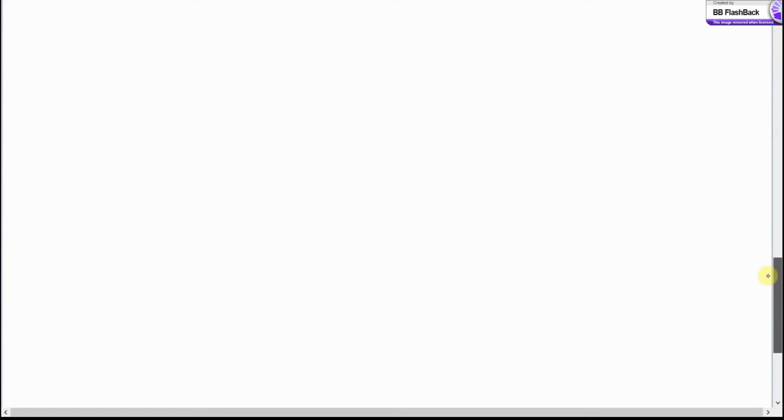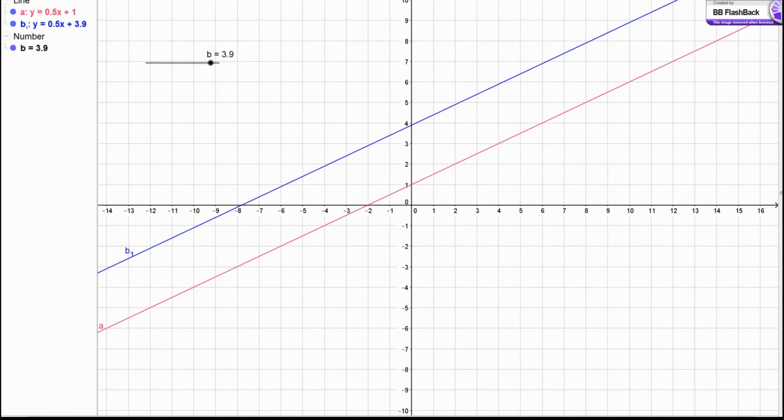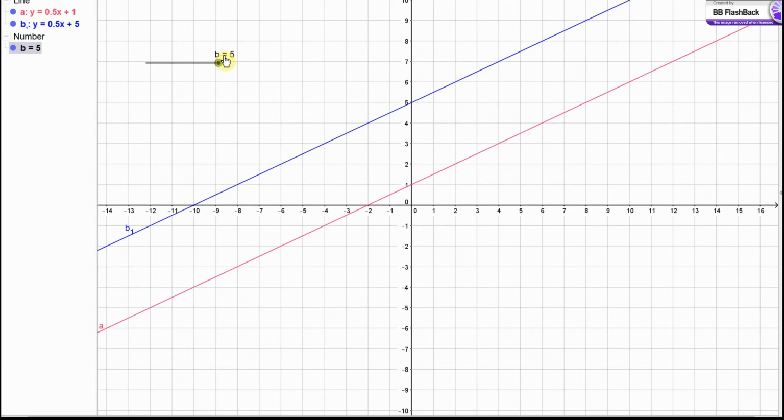Let's look at a couple of special cases now. So one special case is parallel lines. So I gave you a couple of activities to do already related to parallel lines, but let's just check this out. So I made 2 lines here, and for the blue line, it has a slider, B, so the y-intercept can be a variety of different values.